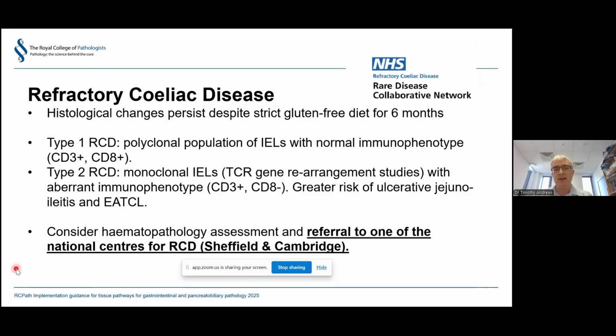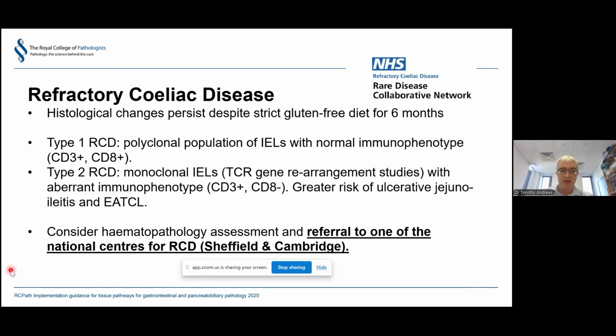Choosing just to highlight briefly refractory celiac disease, and this is defined as histological changes of celiac disease persisting despite a strict gluten-free diet for 6 months. Two types: type 1, where you have a polyclonal population of intraepithelial lymphocytes; type 2, where you have a monoclonal population.